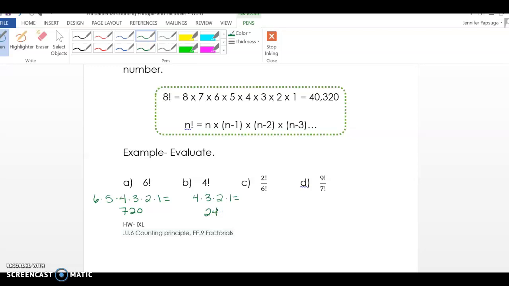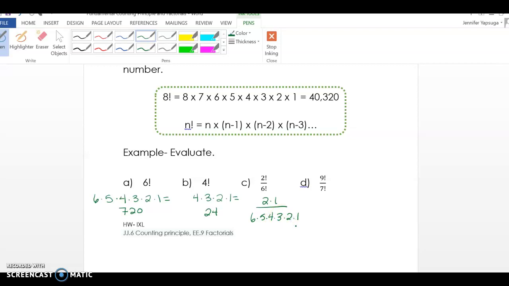All right, let's look at C together, because now we are involving a little bit of some division here as well. So if I have 2 factorial divided by 6 factorial, you're just going to write out what this means using our factorial notation. So 2 factorial would mean 2 times 1, and then I have 6 factorial, which is 6 times 5 times 4 times 3 times 2 times 1.